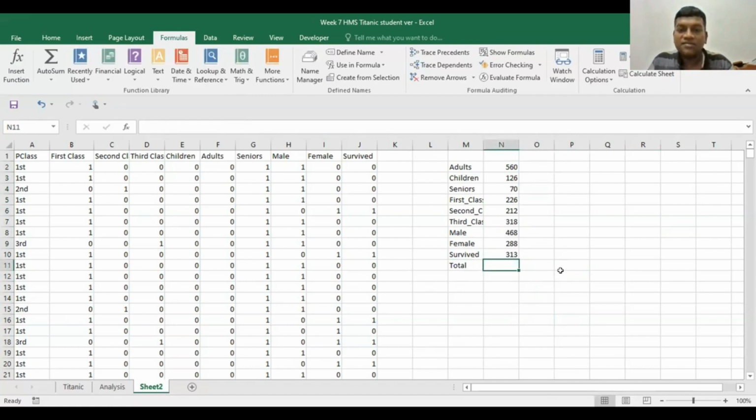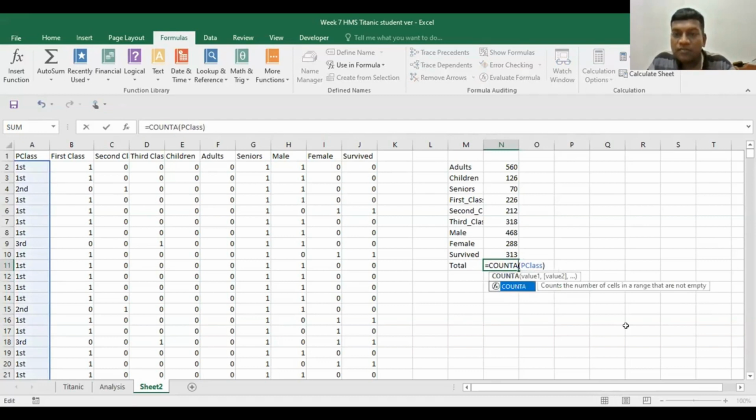For that I can just count A, P class, tab. Okay, so the total number of passengers is 756.